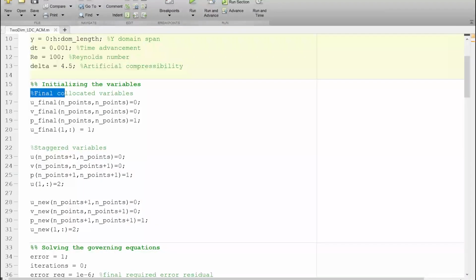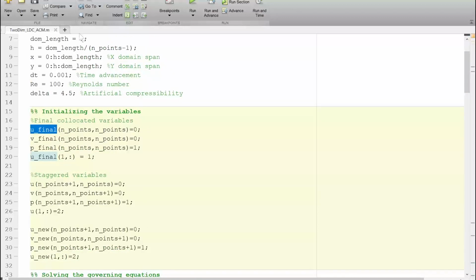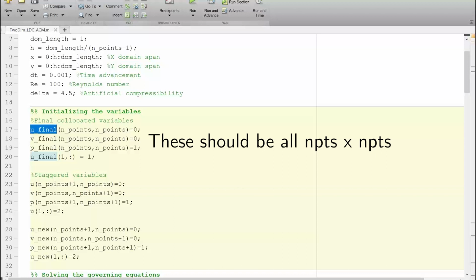So first we initialize the physical variables. I'm calling the physical variable u final because that's where we finally want the solution. Because the number of points is 51 here, you can think of u final as 51 by 51 being equal to 0.